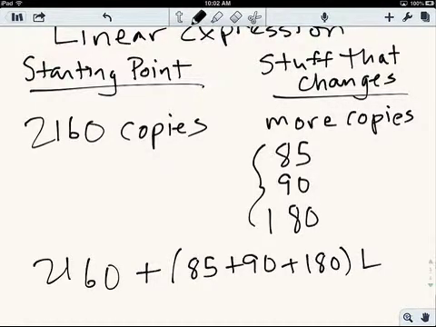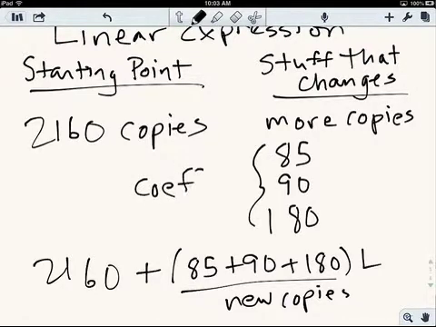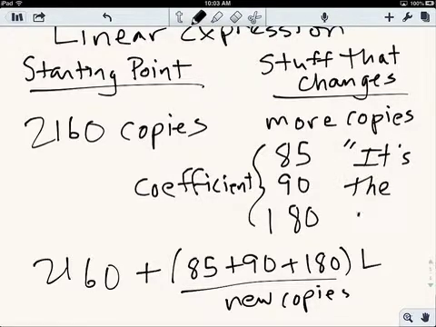So all of these things, these are new copies per lesson. And because this is the stuff that's changing, it should end up as a coefficient. And that's because it's the rate. Stuff that changes is the rate.